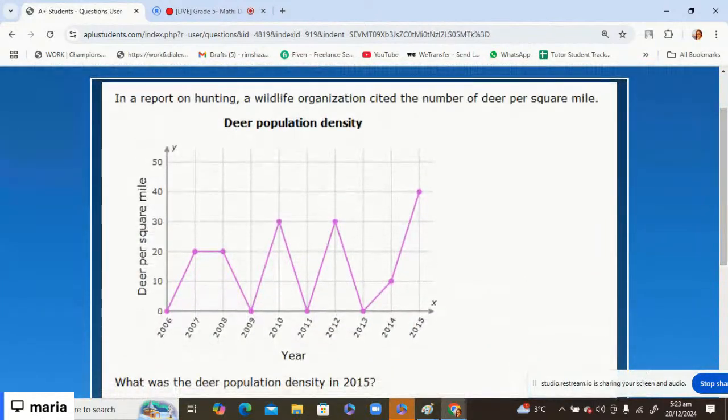Okay, now you check out this one, then tell me the answer. In a report on hunting, a wildlife organization cited the number of deer per square mile. Years are given from 6 to 15, and deer per square mile is given, from 0 to 50. Now, what was the deer population density in 2015? Check where the point lies for 2015, and then tell me the answer in the chat.